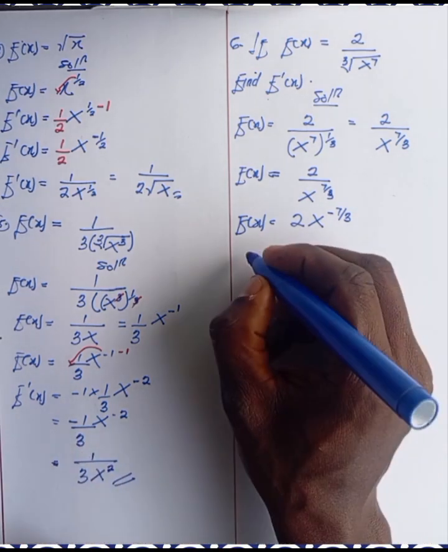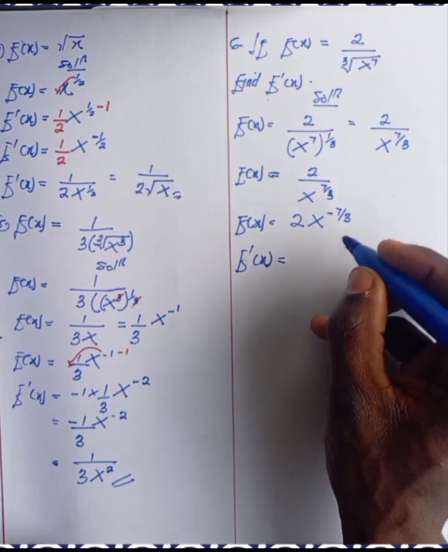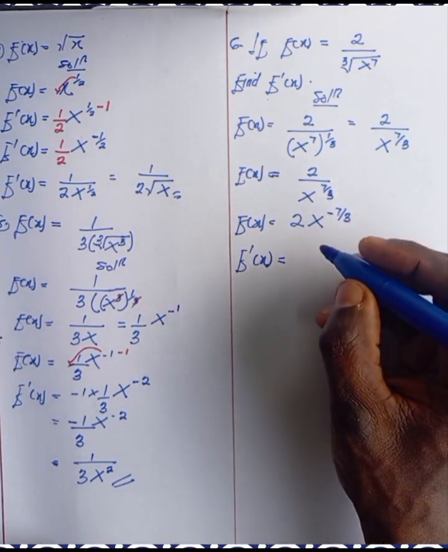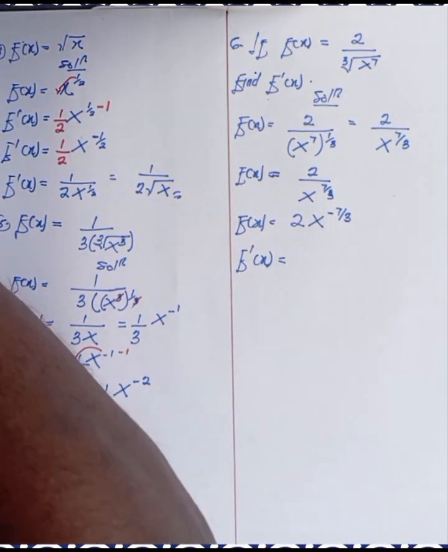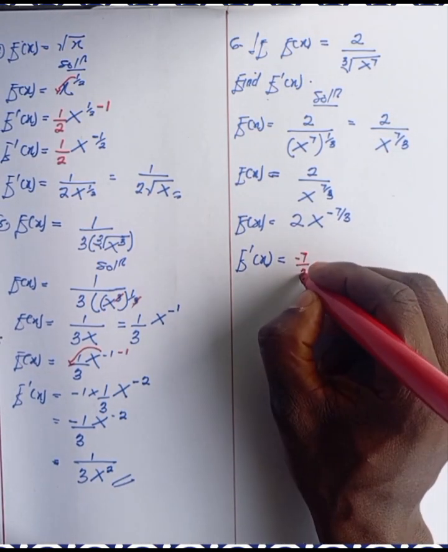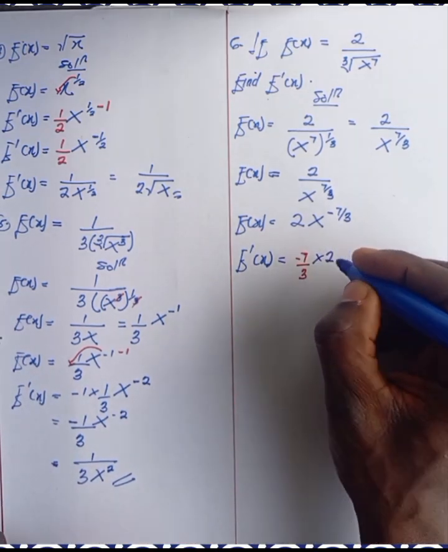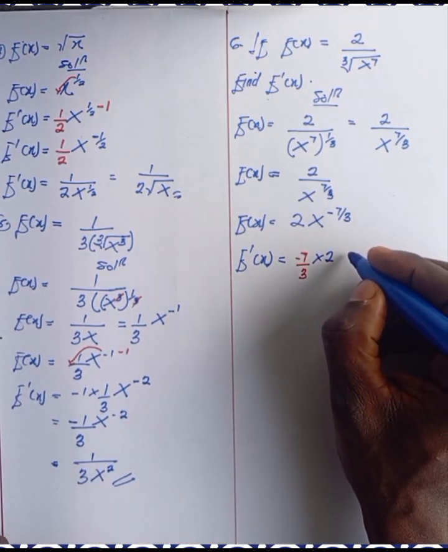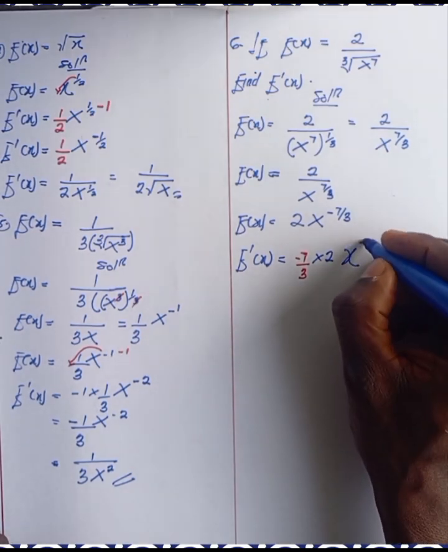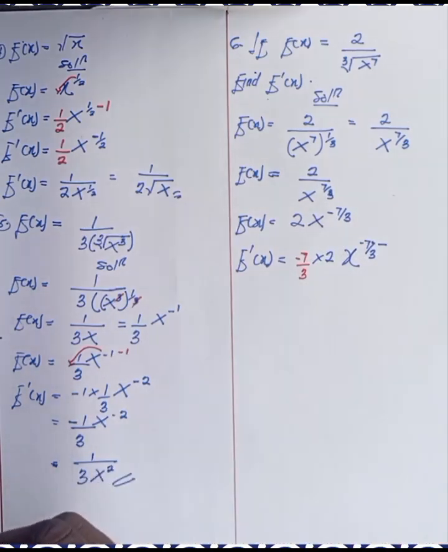The first derivative f prime of x is going to be the original exponent coming forward, which is minus 7 over 3, times 2, and then x exponent negative 7 over 3 minus 1.